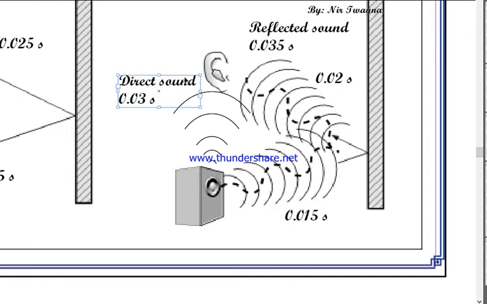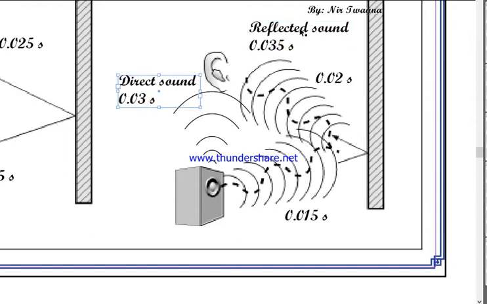0.03 second. Okay, and reflected sound, how long will it take? 0.035 second. Now there is not much difference in time. Yes, in 0.03 second you hear direct sound, and in 0.035 second you hear the reflected sound, and this small gap of time cannot be distinguished by our ear.